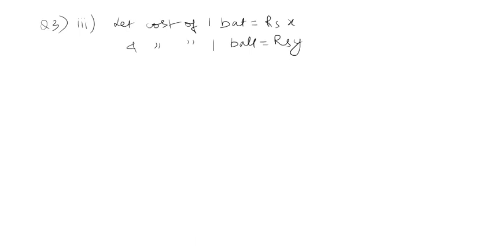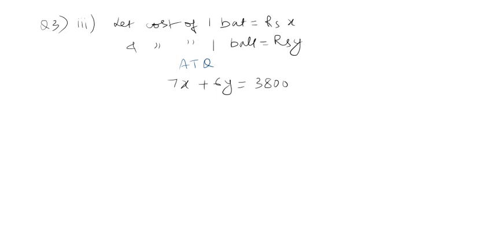According to the question, they purchased 7 bats and 6 balls, and the cost was 3,800. All of you should have the book with you, and if you read it in the book, it is very clearly said that a cricket coach is buying 7 bats and 6 balls for rupees 3,800.